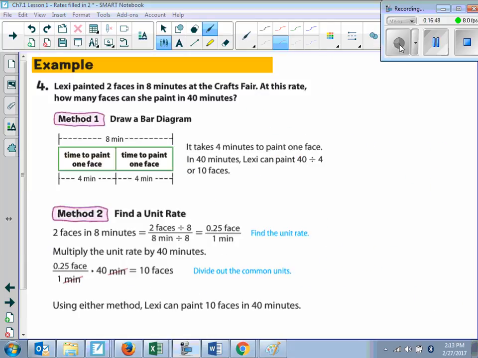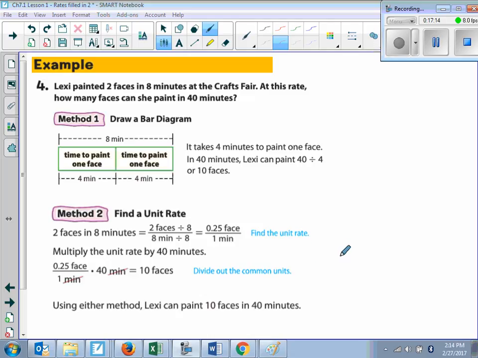Yes. All right, for the last example, it says Lexi painted 2 faces in 8 minutes at the crafts fair. At this rate, how many faces can she paint in 40 minutes? Now, method 1 is to draw a bar diagram like we did in the warm-up, okay? Method 2 is the method that I prefer, and that is using your fractions, okay?